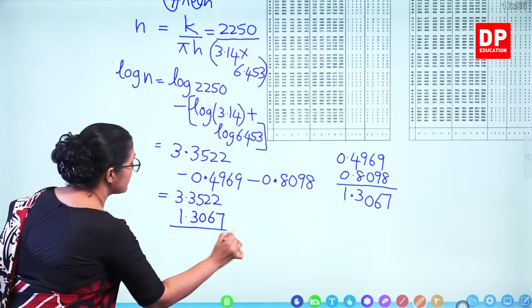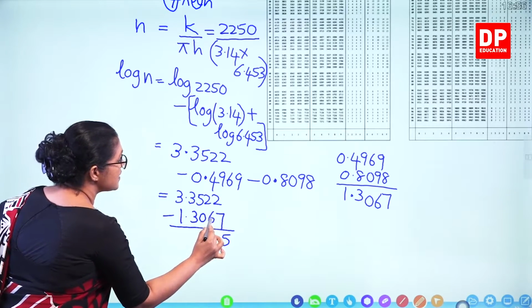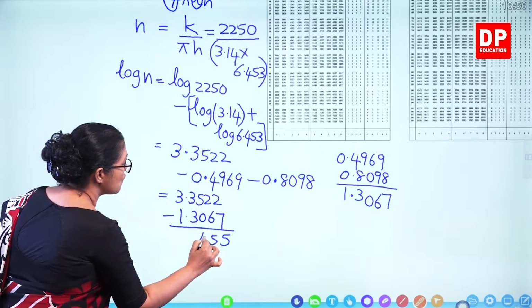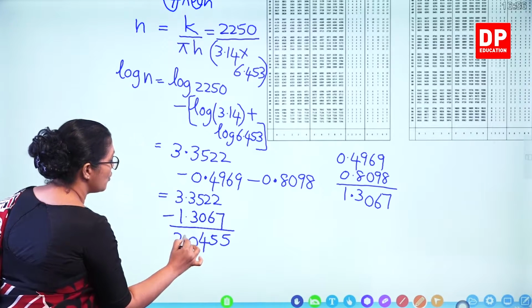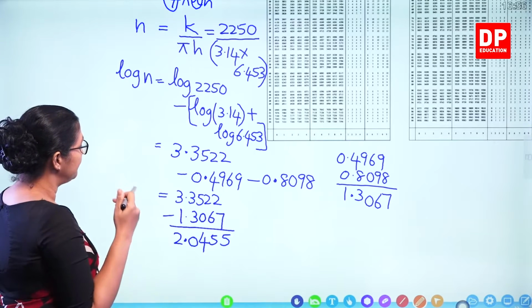You subtract, what do you get? 5 and 7 plus 5, 12. Again, this is 4, 0, 2. So 2.0455.